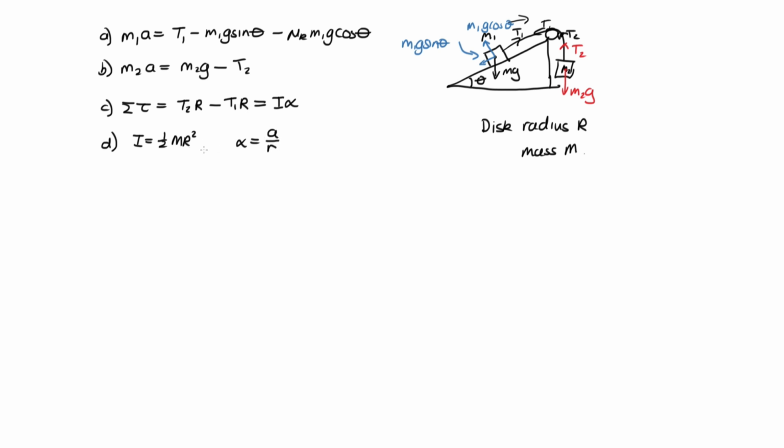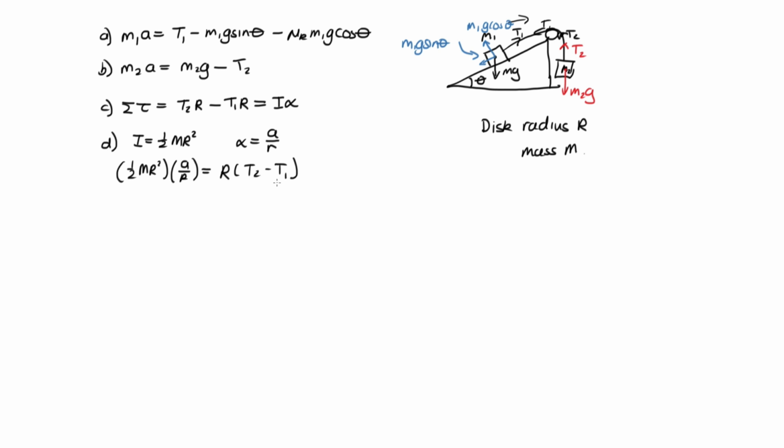So we can substitute these two expressions in here. So we've got I, which is a half Mr squared times a on r is equal to, let's take r out as a common factor, r(T2 minus T1).